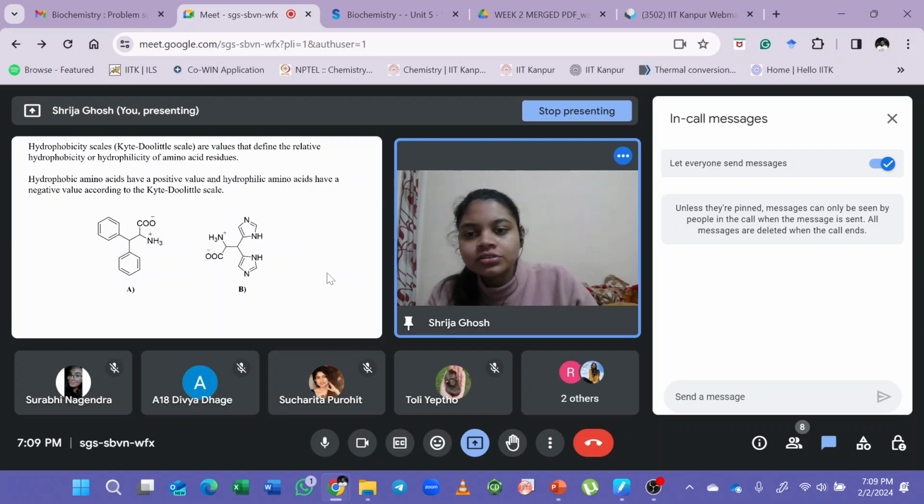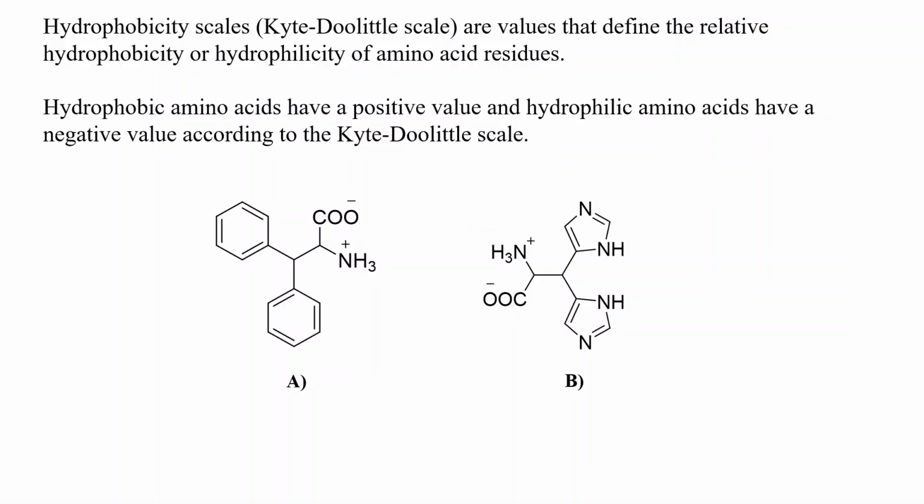Okay. Basically, if you look into the structure, I told you nitrogens can make hydrogen bonds. So these nitrogens can happily make hydrogen bonds with the hydrogen of water molecules. So this molecule is hydrophilic, and this molecule is hydrophobic.